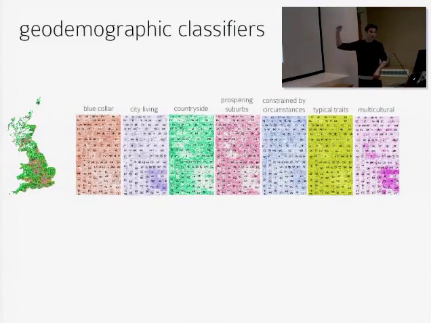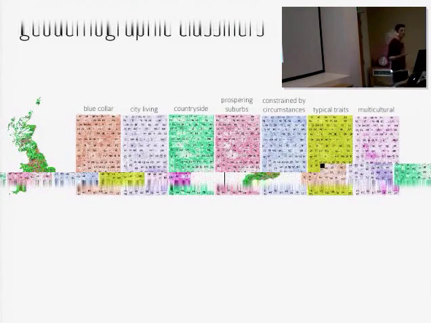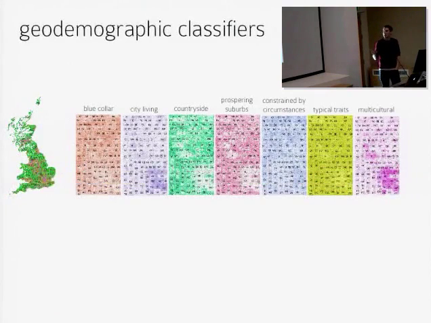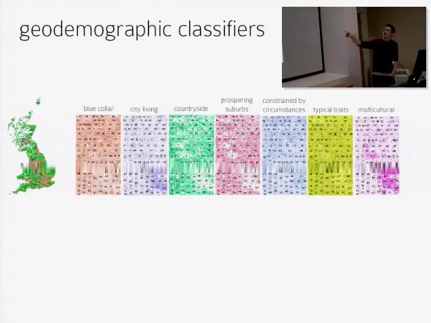Actually, because of this, yeah. Yes. So the yellow one is called typical traits, and usually when you're doing a cluster analysis, it's often the case that you have one cluster group which is not that distinguishable, but is like every other one. So if we forced each output area to be a member of a group, then they'd be a lot like this typical traits one, which is basically the average.